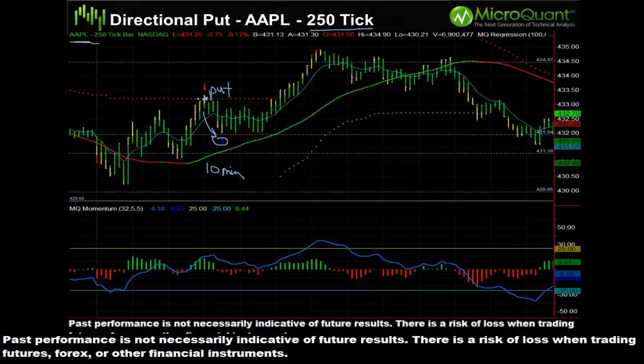In this particular case, it depends on the trade actually and how it works out. We don't necessarily sit here and calculate how much risk I'm going to take, and usually it's about $100 a contract, but it just depends on how the trade unfolds as to how much we can make. I did a very similar trade today in Google, same 250 tick bar chart.